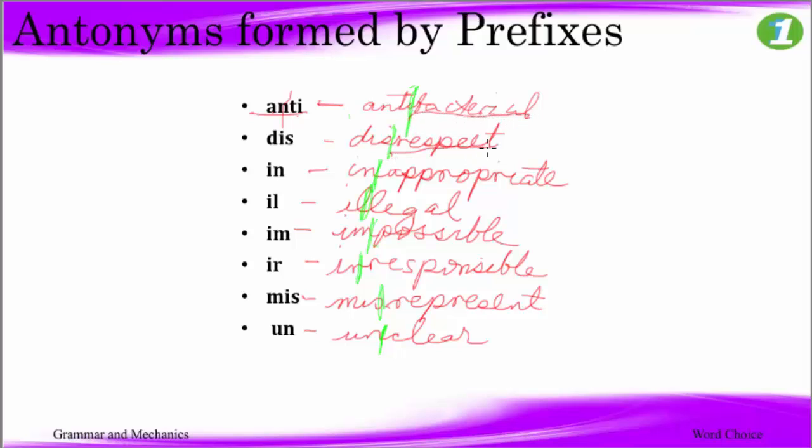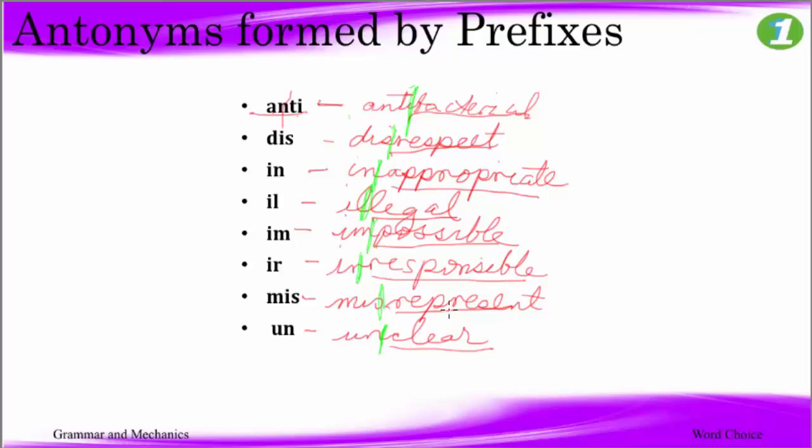Bacterial, respect, appropriate, legal, possible, responsible, represent, and clear. All these are words in their own right with their meanings. We add anti to it. The spelling doesn't change like we said earlier, but the words become the opposite of what they meant initially.